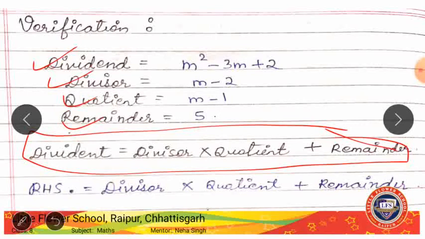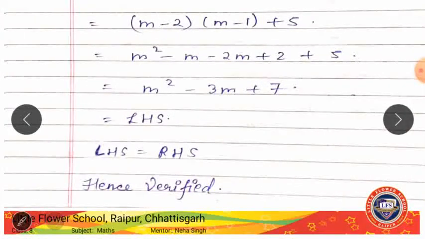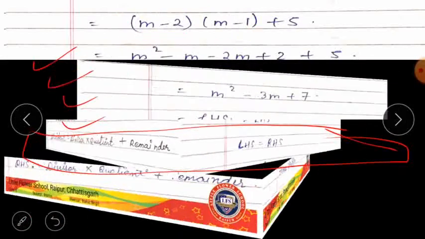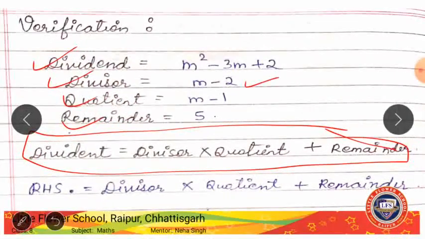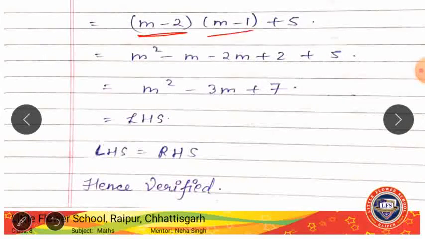right? So let us put the values in place of the divisor. m minus 2 was the divisor. See here, the divisor is m minus 2, the quotient is m minus 1. What will we write? m minus 2 into m minus 1 plus the remainder, which is 5. So we are adding 5. Now in the first exercises we have studied how to open this bracket, how to multiply, right?